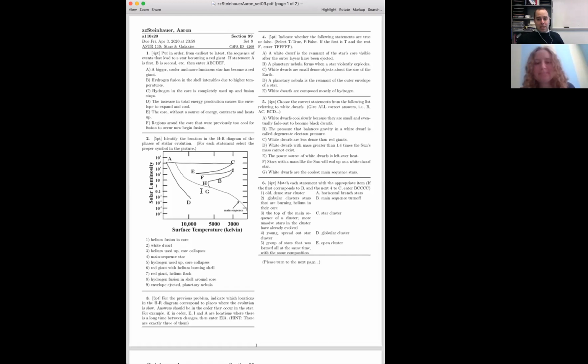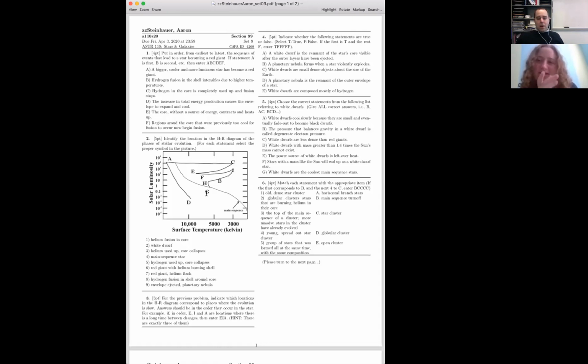But in the main sequence, when you're burning hydrogen, that is a very long-lived phase where nothing much is happening. The other one is the helium main sequence, where you're just burning helium in the core. It doesn't last nearly as long as the hydrogen burning main sequence, but it's completely analogous. You have stable nuclear fusion happening in the core. So would the answer be, for this case, I?